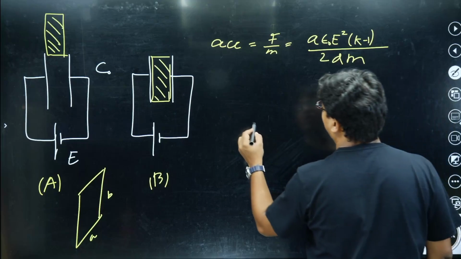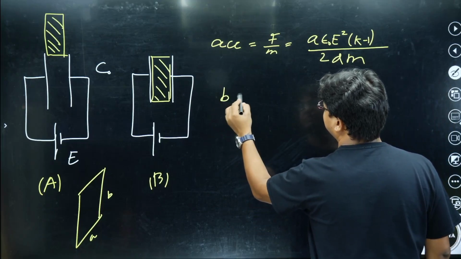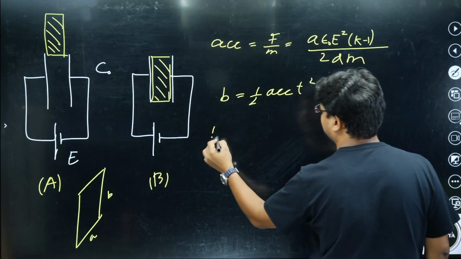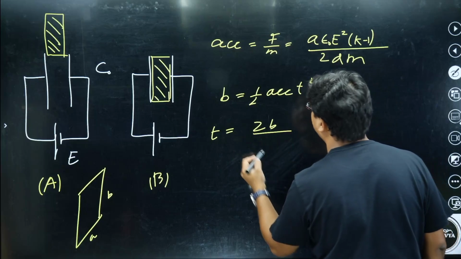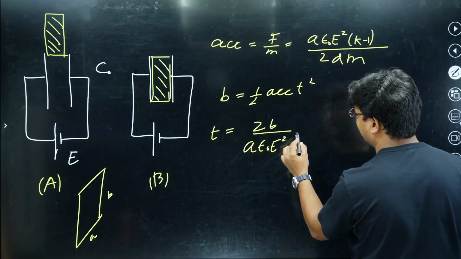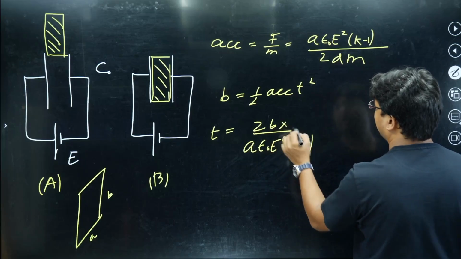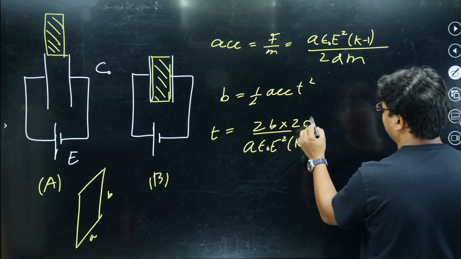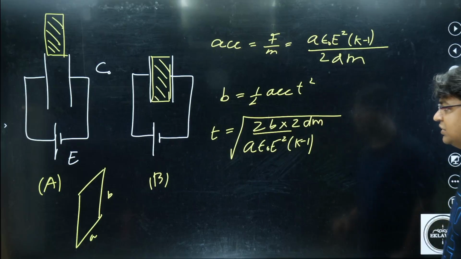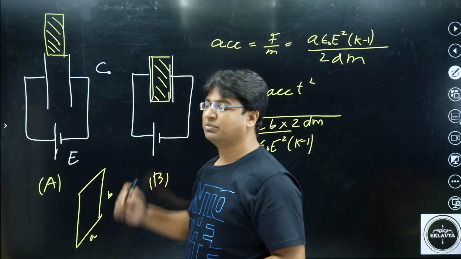Now I will use displacement is equal to half into acceleration into t square. So the time would be root of 2b by a. So it will become root of 2dm upon a epsilon naught E square into (K minus 1). So this is the time taken by the slab to come to this position.